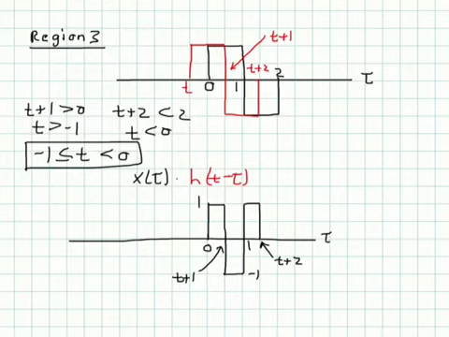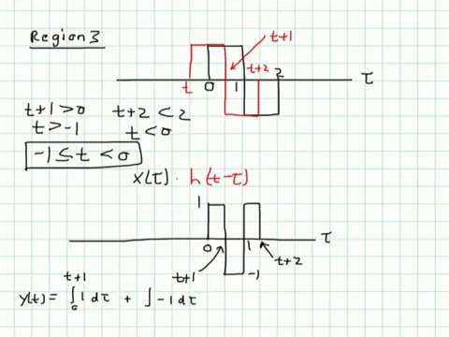So this is for region 3. So y of t is going to be equal to the integral of 1 d tau between 0 and t plus 1, plus the integral of minus 1 d tau, that's in here, from t plus 1 to 1.